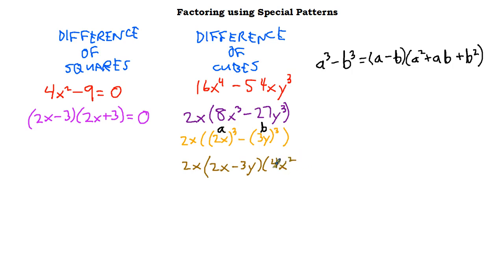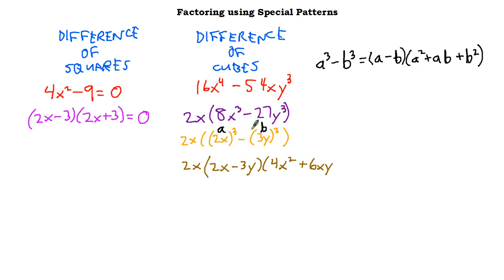People commonly make the mistake here. They might square the 4 and forget to square the x. It's just a very common mistake. A times b is 2x times 3y, so we do plus 6xy, and then b squared is 3y squared.